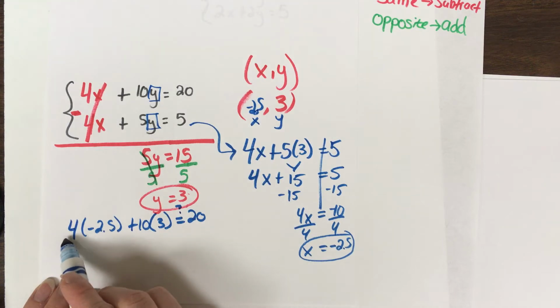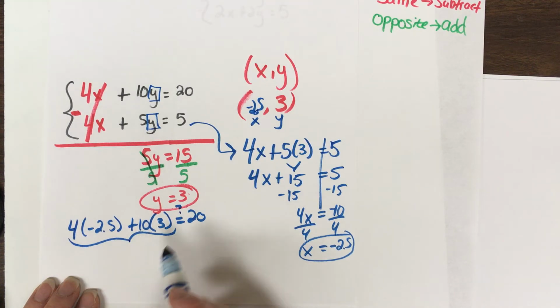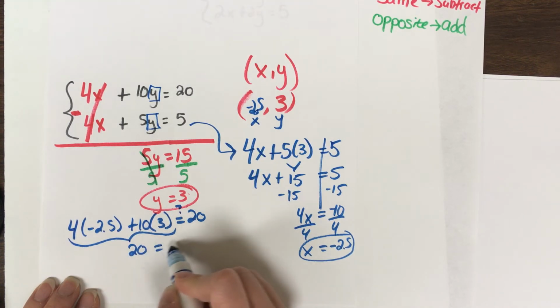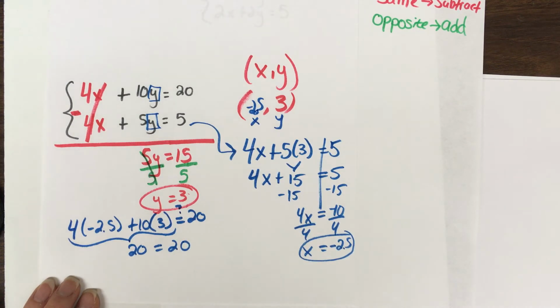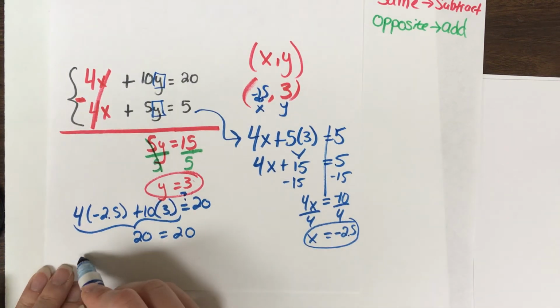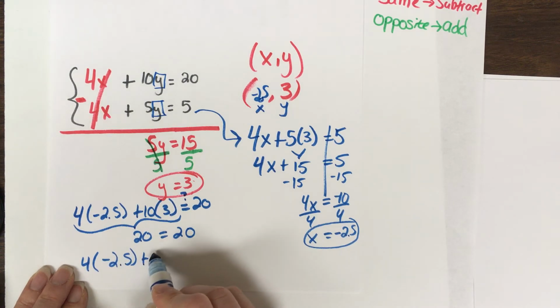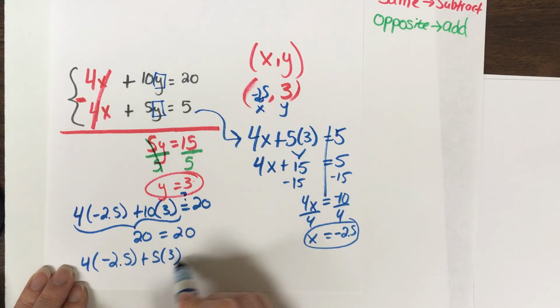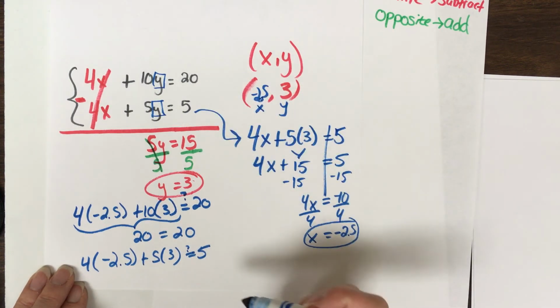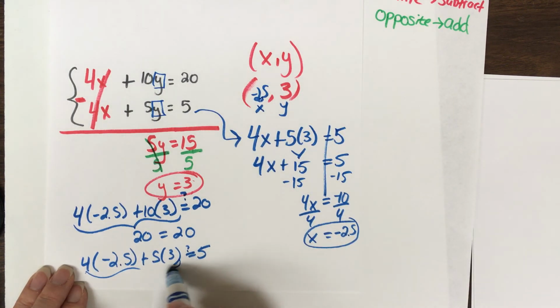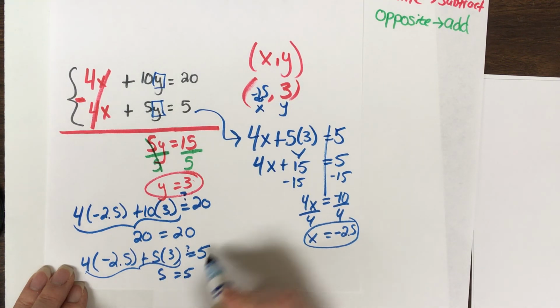So I can just plug all of this in my calculator, and I will see, yes, that equals 20. Then you check it in the second equation, 4 times negative 2.5 plus 5 times 3. Does that equal 5? That's what the second equation was. So plug all of this in your calculator, and you end up getting that it equals 5.